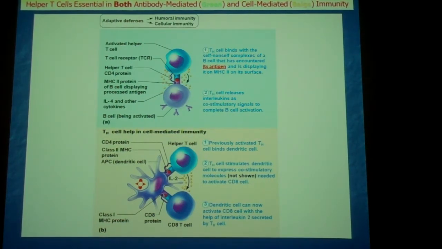Up here, you see the B cell presenting its antigen to a helper T, and the helper T is providing co-stimulation for this B cell. Once this co-stimulation process is complete, the B cell will go on, clone itself, and make plasma cells, which make the antibodies.